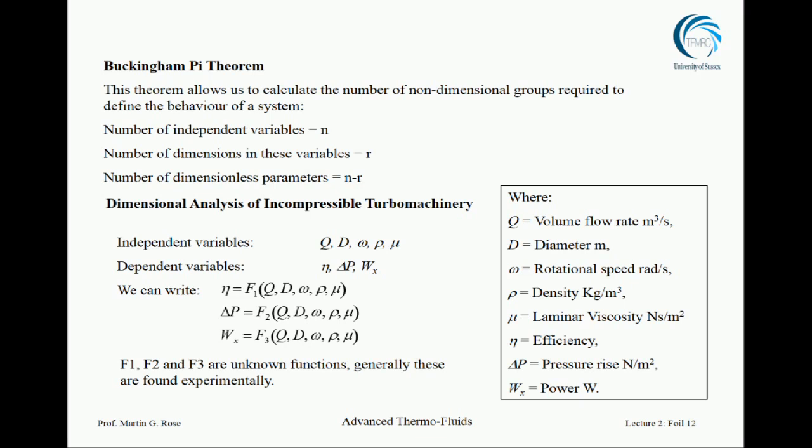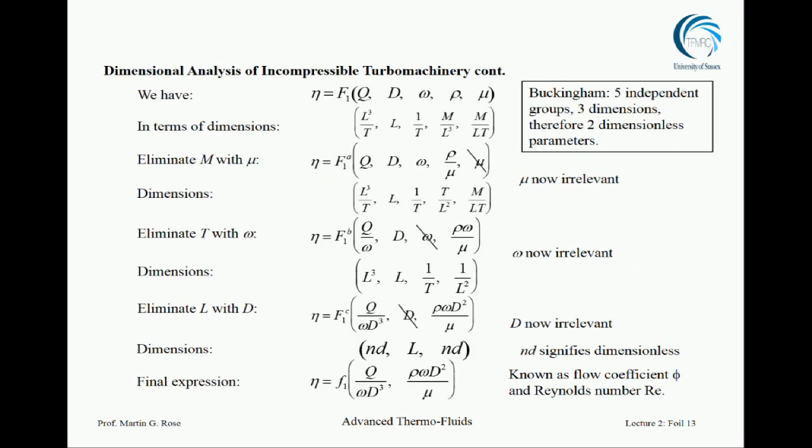Here's the process by which the dimensionless groups are found. It's a stepwise elimination process where we play with the terms in the equation to get rid of the dimensions. The idea being, as I said at the start of the lecture, that a dimensionally correct equation has the same dimensions in every term.